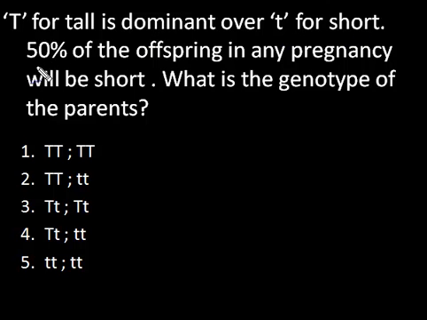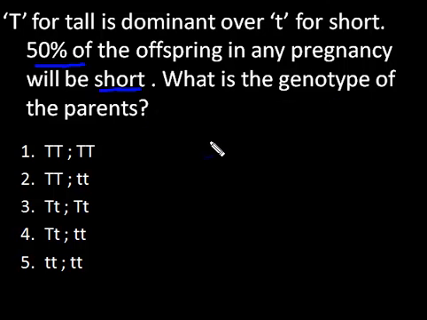Then it tells you that 50% of the offspring in any pregnancy will be short, and asks you for the genotype of the parents. So here you're working backwards.